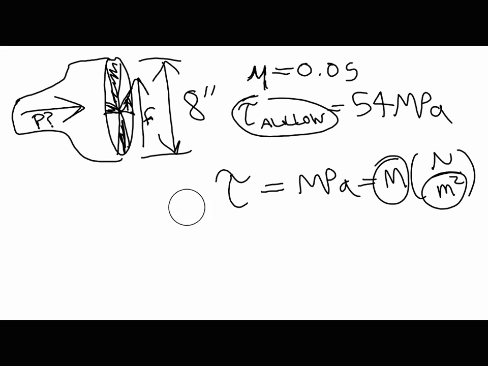If I had tau and I divide by force in kilonewtons, that kilo is a 10 to the third, right? This is like a 10 to the sixth. So you really just have to bookkeep your orders of magnitude.